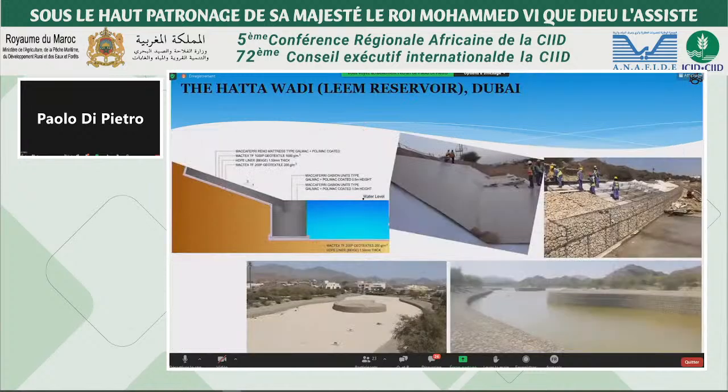Alors, ceci a été réussi parce que cela a permis de créer une base solide. Le deuxième cas est encore une partie très intéressante parce que c'est un environnement différent. Il s'agit de Wadi Hatta, un réservoir de rétention d'eau.